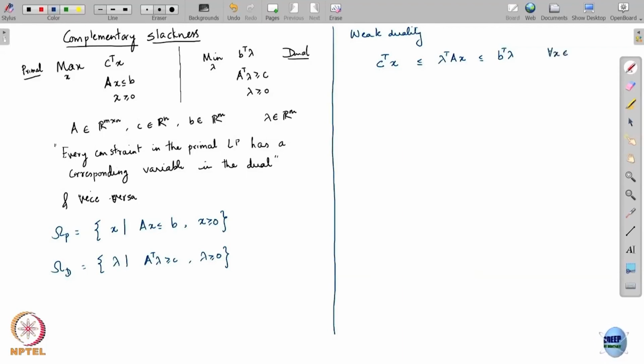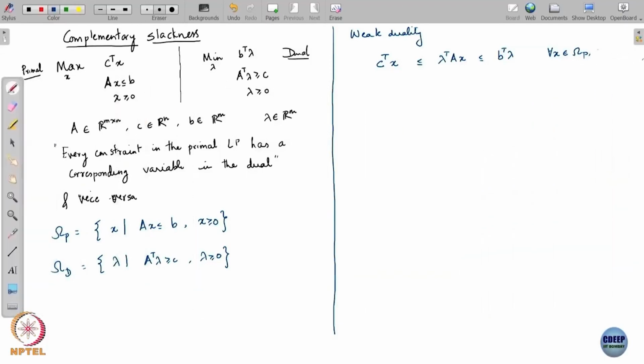This is true for all x in omega p and all lambda in omega d.